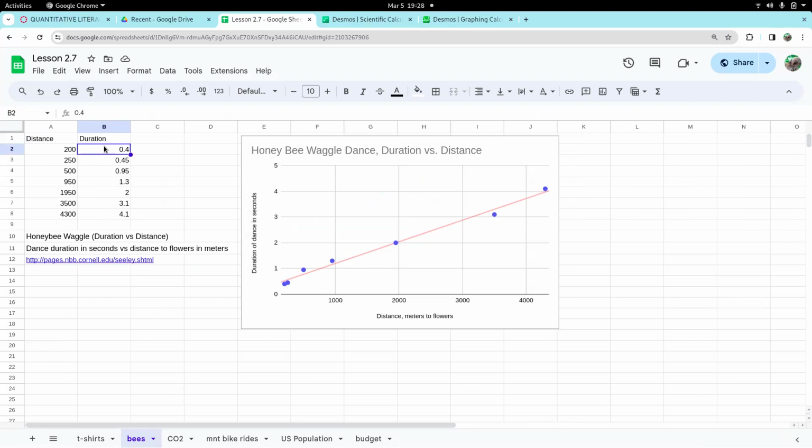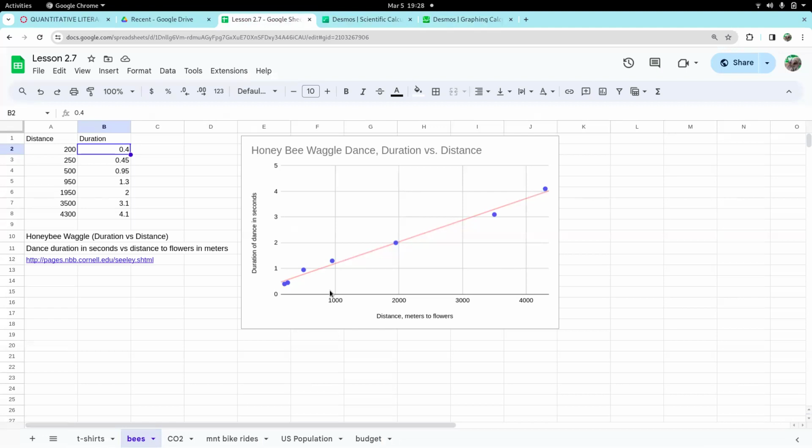So we've been studying this for a while, and here's some data I collected, and there's a link here. I'll put the spreadsheet in a link in the video description. But you can see that the distance the bee has to travel and the time of the dance it does to demonstrate to the other bees where to go, it lines up pretty nicely.